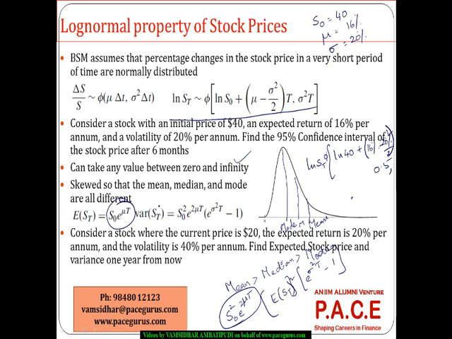The expected stock price is S0 e to the power of mu t, then S0 squared e to the power of 2 mu t times (e to the power of sigma squared t minus 1), giving me the expected stock price as well as the variance t periods from now using the log normal property of the stock prices, right?